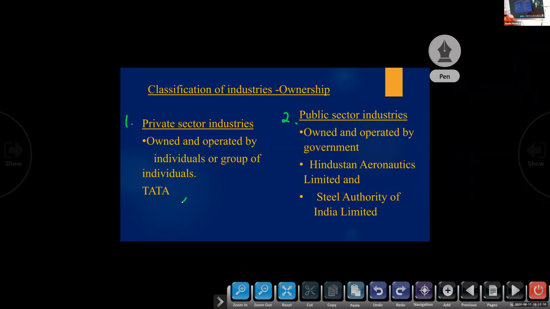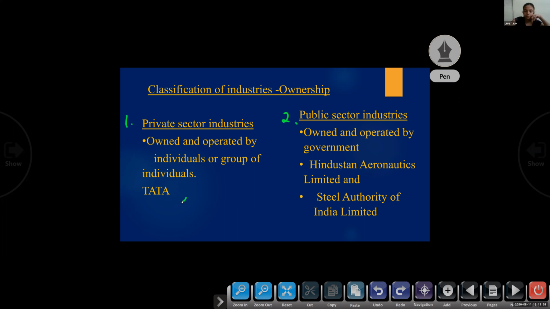What is this? Aircraft manufacturer in India. Steel Authority of India, a steel manufacturer in India. All these are examples of public sector industries, owned or operated by government. Clear?